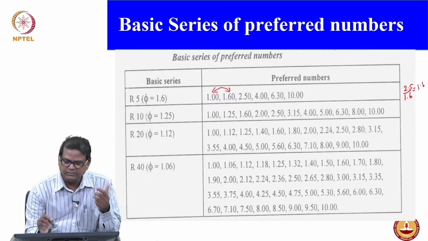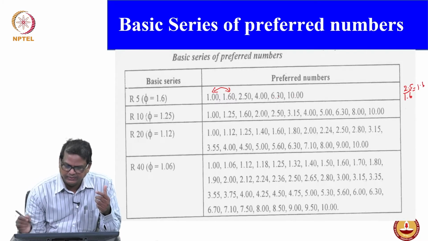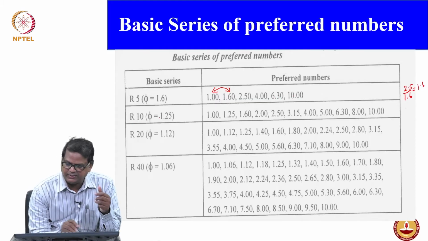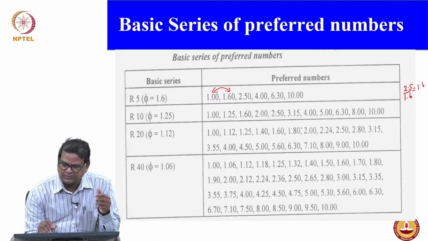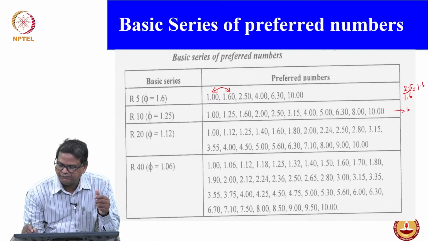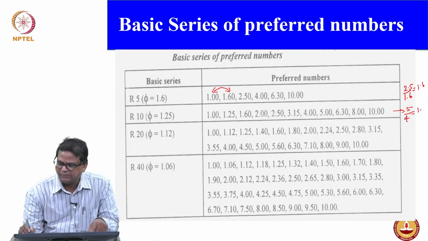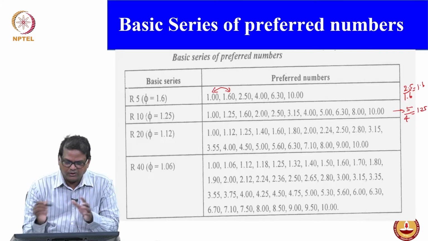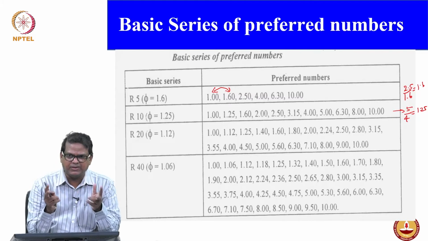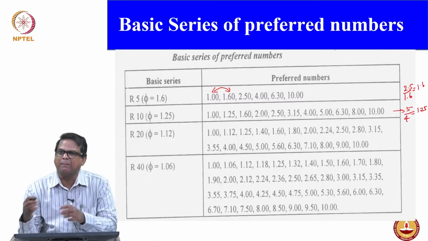If you take randomly any other number, maybe I will take R10, the difference between 5 and 4, 5 by 4, that should be 1.25. Okay. So, always between two adjacent speeds, the ratio has to be maintained.